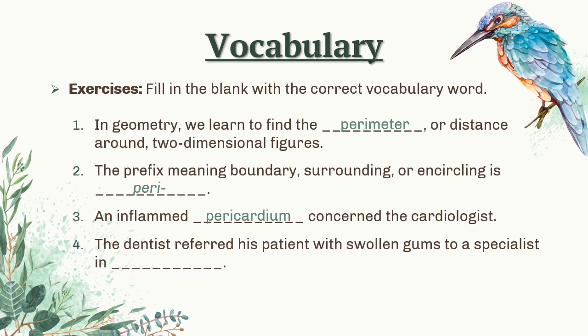So peri, around, card, heart, and cardiologist, referring to the doctor, heart doctor. So we can really understand the meanings of words once you understand the prefixes, the roots, and the suffixes of words. And once you know their meaning, it can be easy to figure out a word that you're unfamiliar with. Number 4, the dentist referred his patient with swollen gums to a specialist in periodontics.